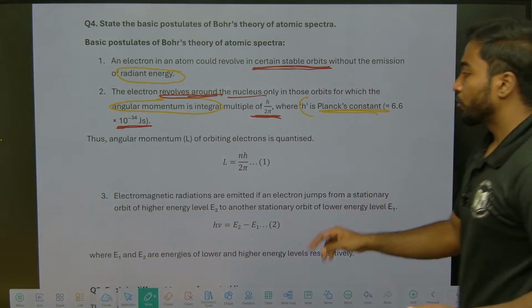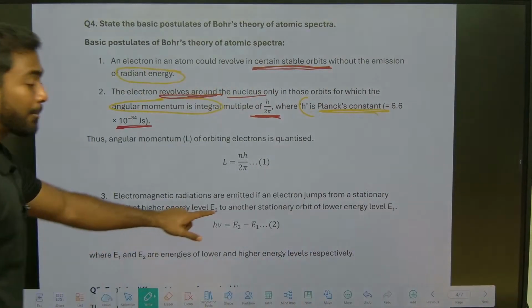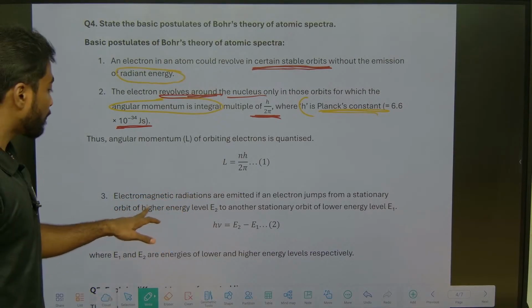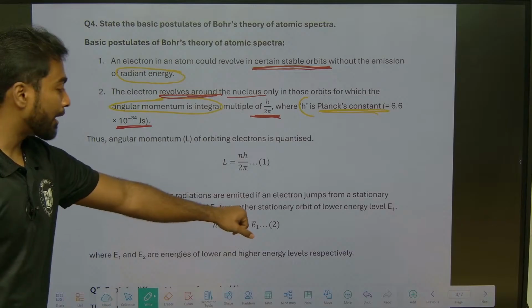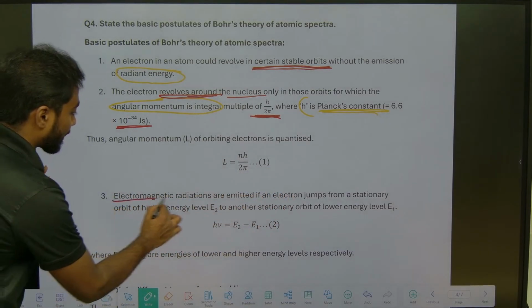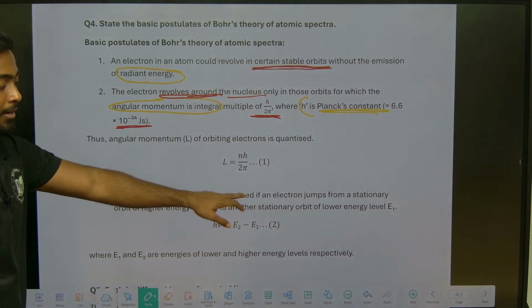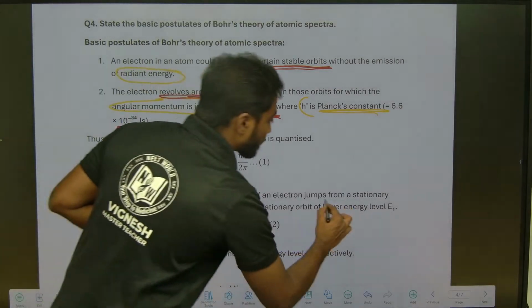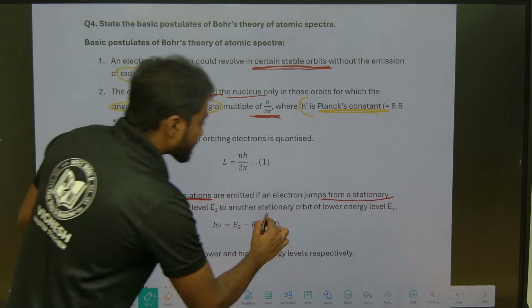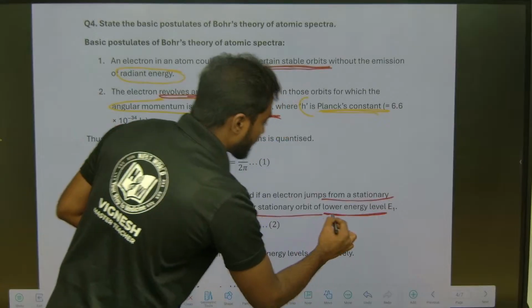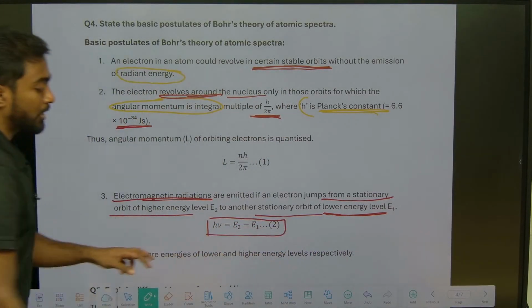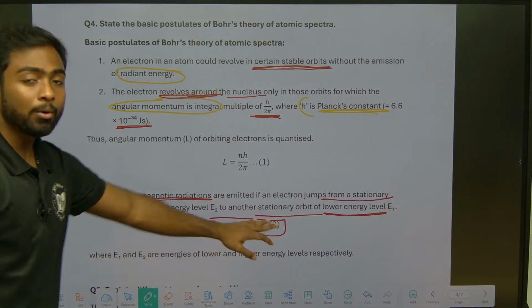Third point: electromagnetic radiation is emitted if the electron jumps from a stationary orbit of higher energy level E2 to another stationary orbit of lower energy level, which is nothing but h nu equals E2 minus E1, from higher level to lower level.